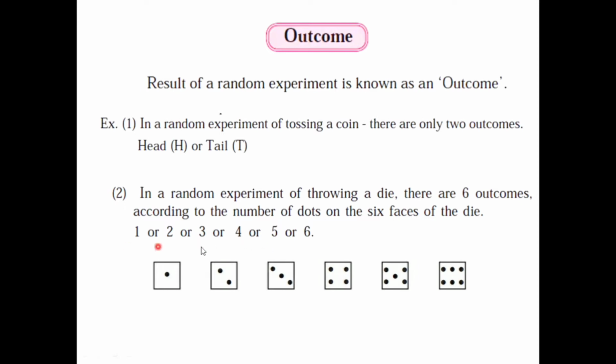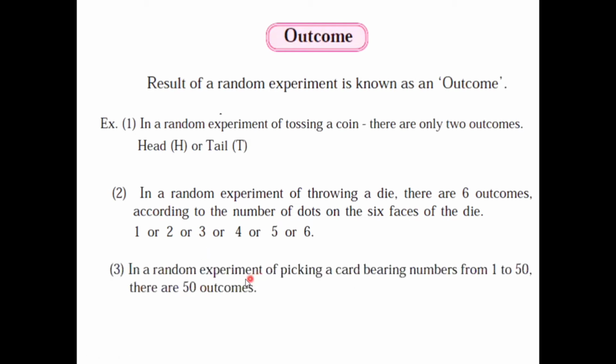So these are all possible outcomes of the experiment. In another example, in a random experiment of picking a card bearing numbers from 1 to 50, as there are 50 cards, there are 50 outcomes. That is, in this experiment, we can get 50 results.